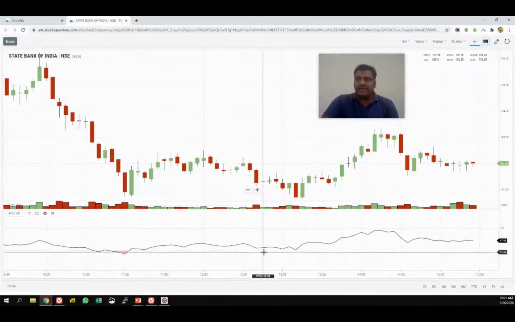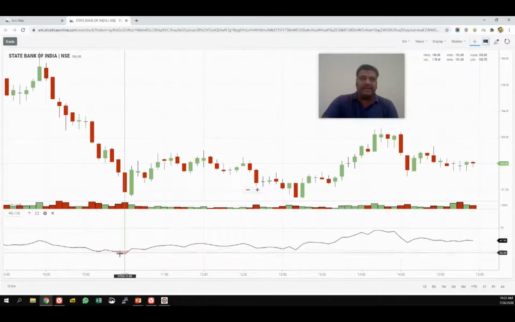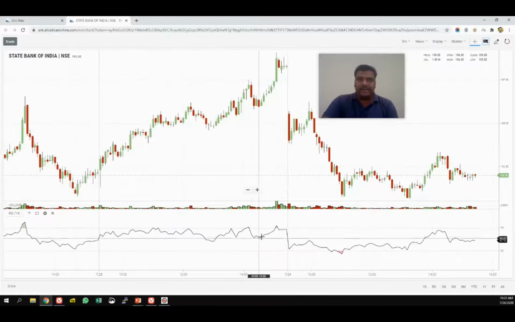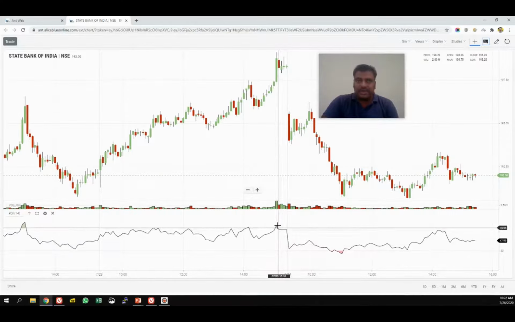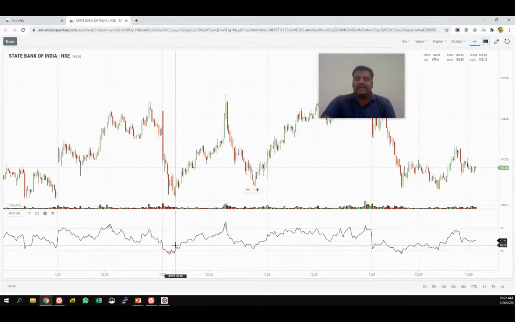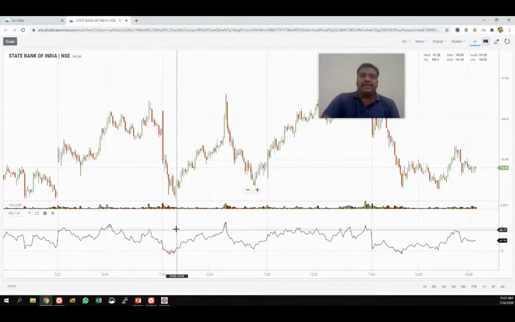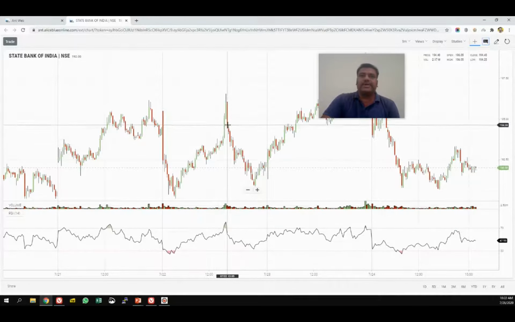For example, I have drawn 70 and 30, and I've given colors because this is the overbought area and this is the oversold area. By simply looking at this graph, whenever the market is in an oversold area, you can see that after that the price goes upwards.